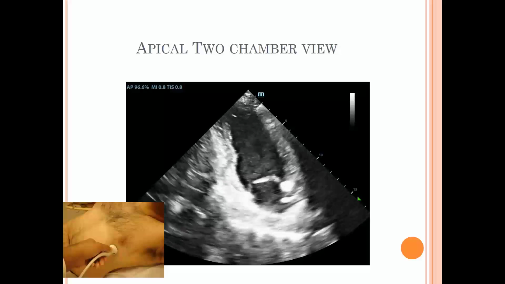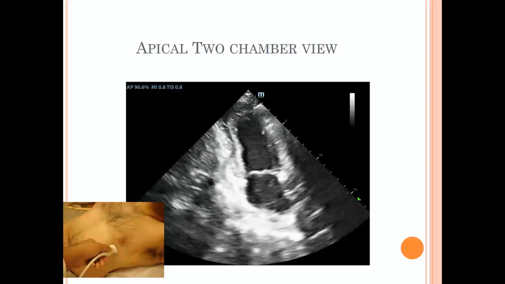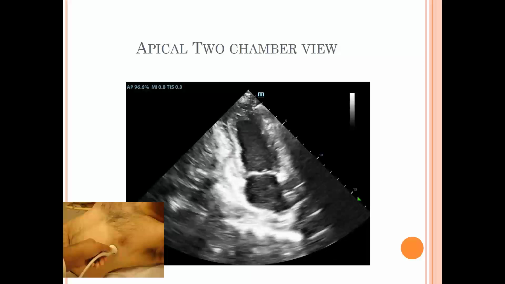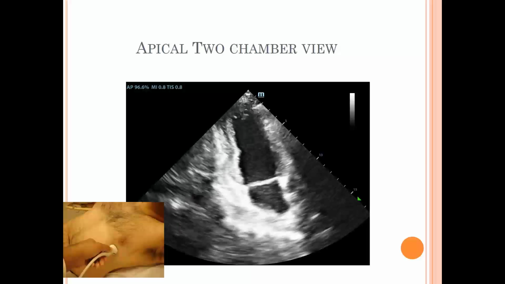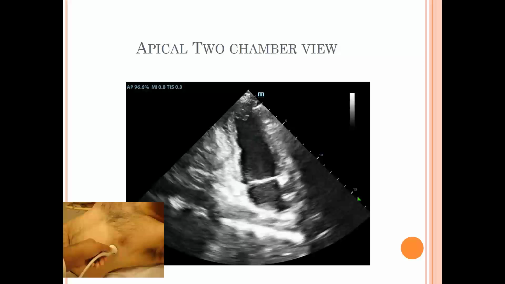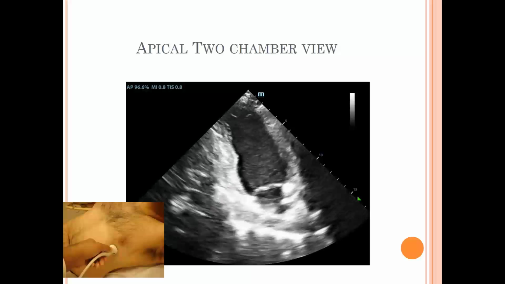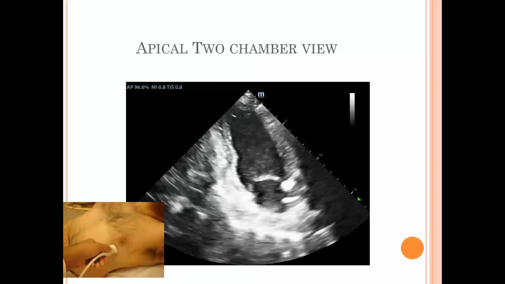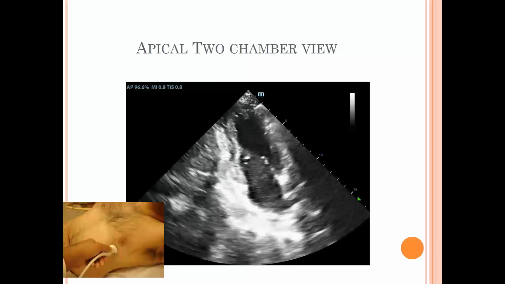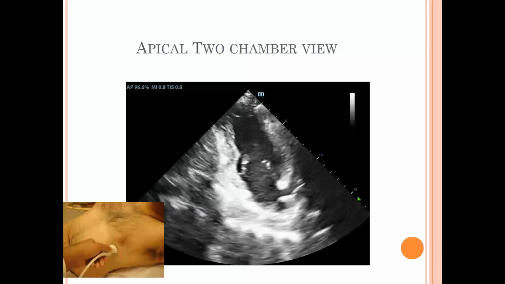By tilting our probe 90 degrees, again at the apex, we get the two-chamber view, and as we can see, this is the left ventricle and the left atrium with the mitral valve leaflets seen, together with the anterior wall and the inferior wall.